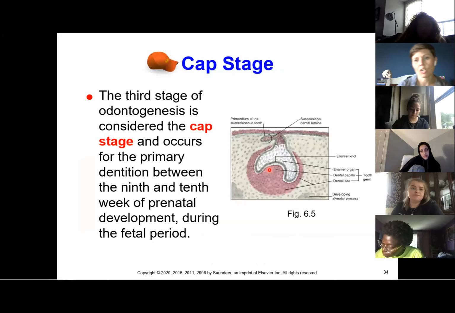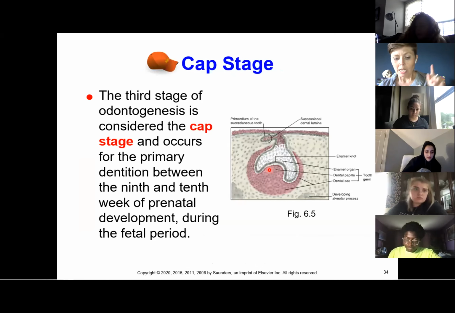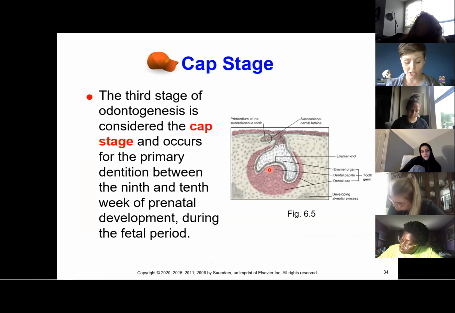Now we're in the cap stage. Real quick, going back: abnormally small teeth is microdontia, abnormally large teeth is macrodontia. Know that a case of complete microdontia of either dentition rarely occurs, but can be associated with hypopituitarism or Down syndrome.